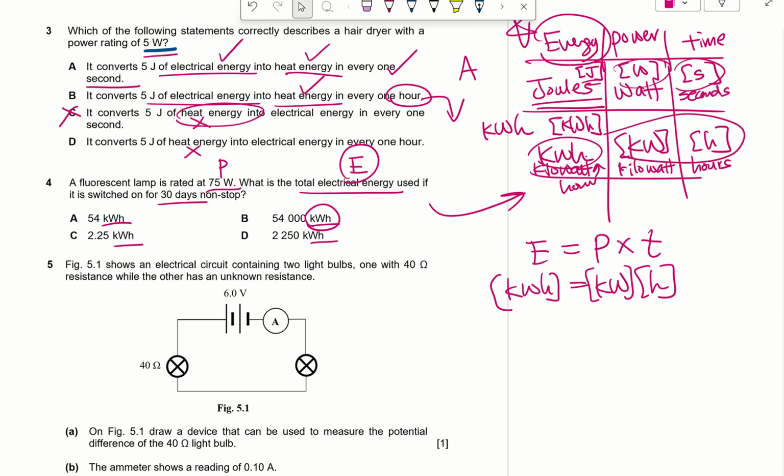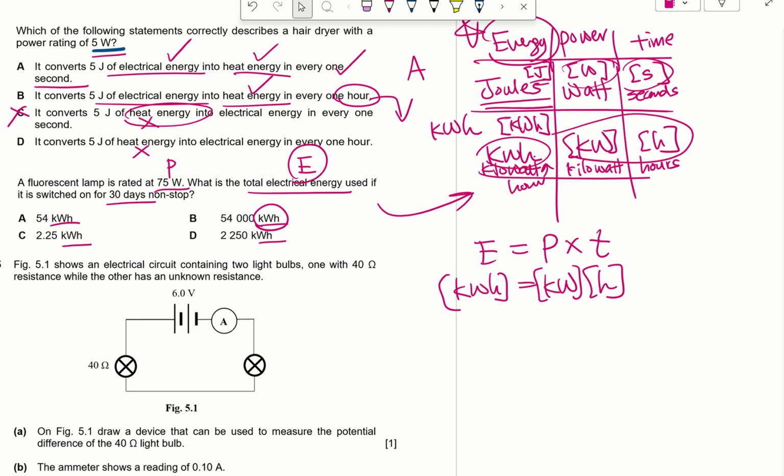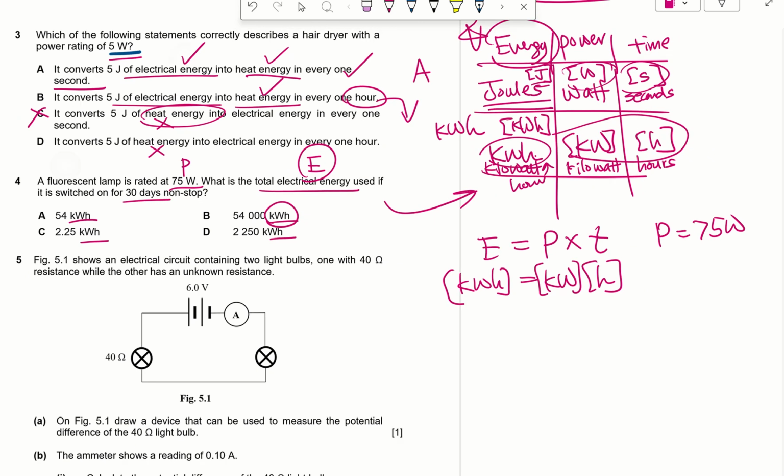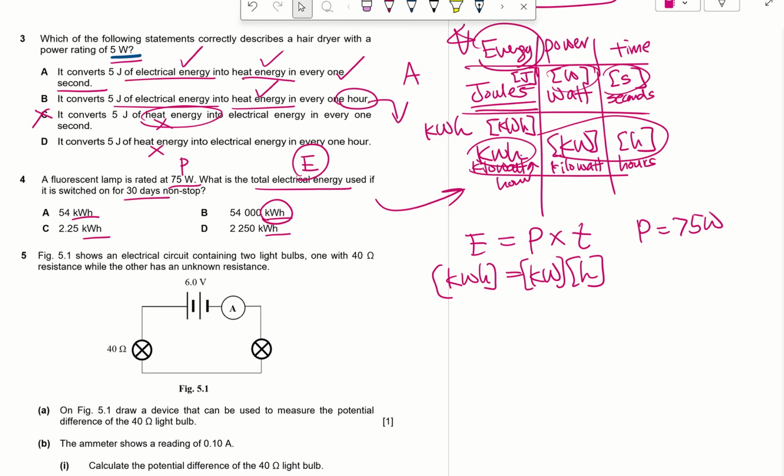So this is a clue given in the options. Firstly, let's convert the power into kW. The power is 75 watts. Is it in kW? No. So I have to convert it to kilowatt. I divide by 1000 to get 0.075 kW.